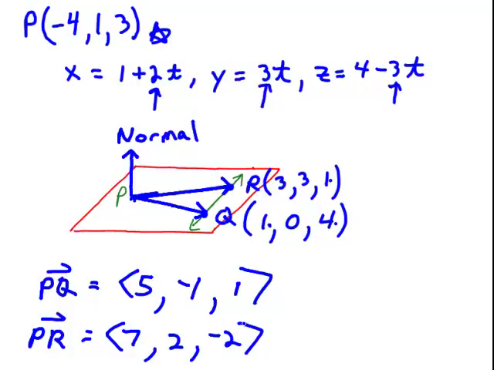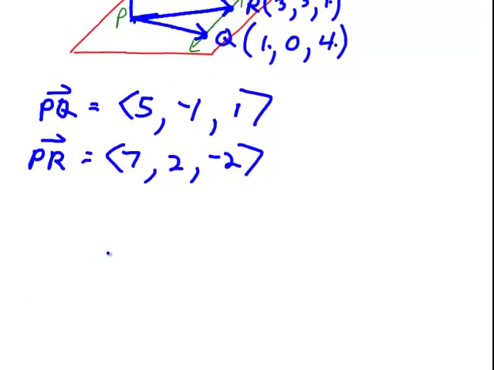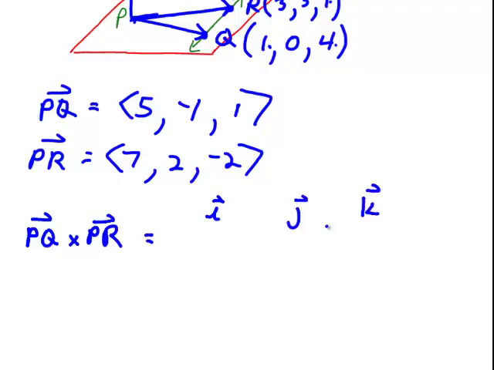Okay. So let's go ahead and find PQ cross PR. Create your pseudo-determinant. i, j, k across the top. In the middle, 5, -1, 1, and then 7, 2, -2.